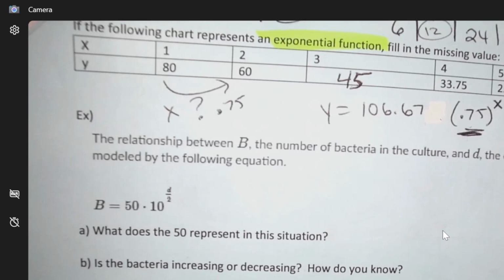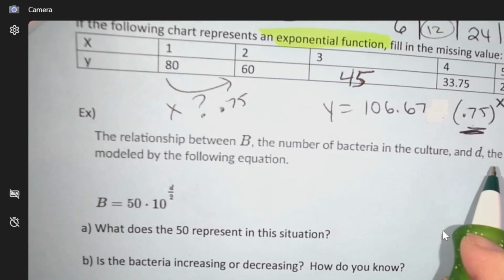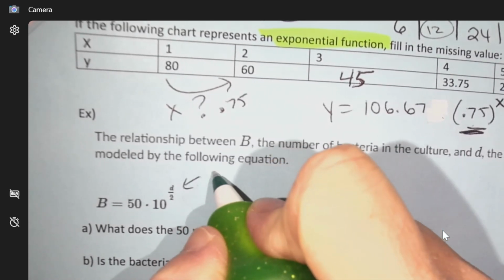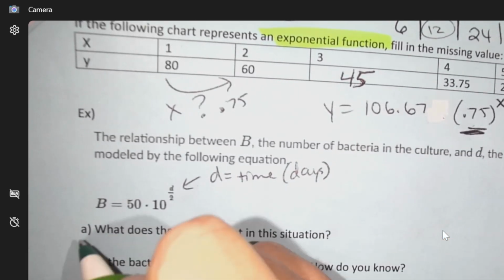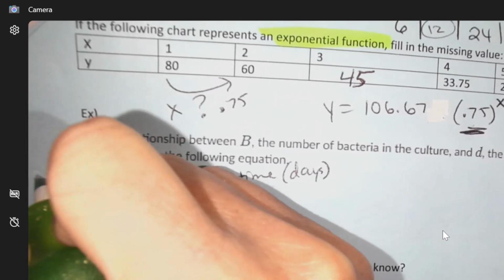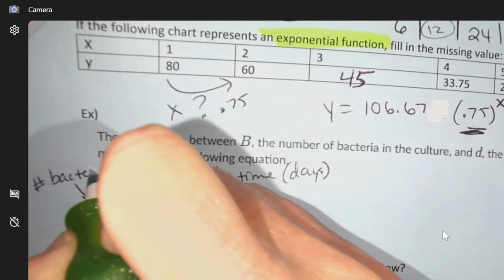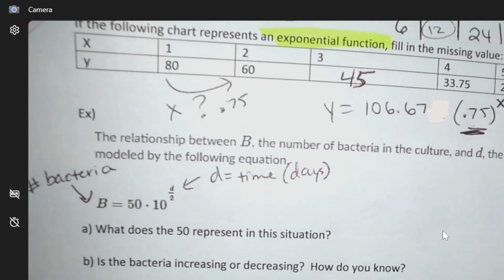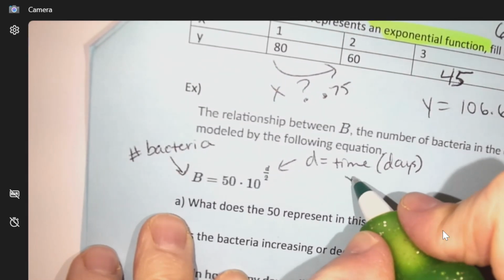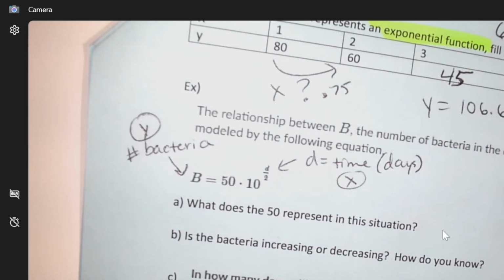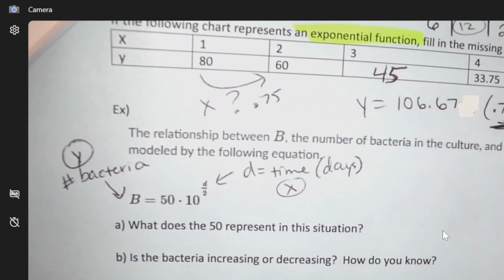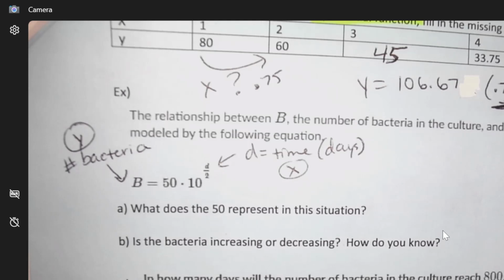Okay, here we go. We have a number of bacteria. So D is time in days. B 50 is the number of bacteria. Okay, always important to understand your variables. So the X is the time, the bacteria.